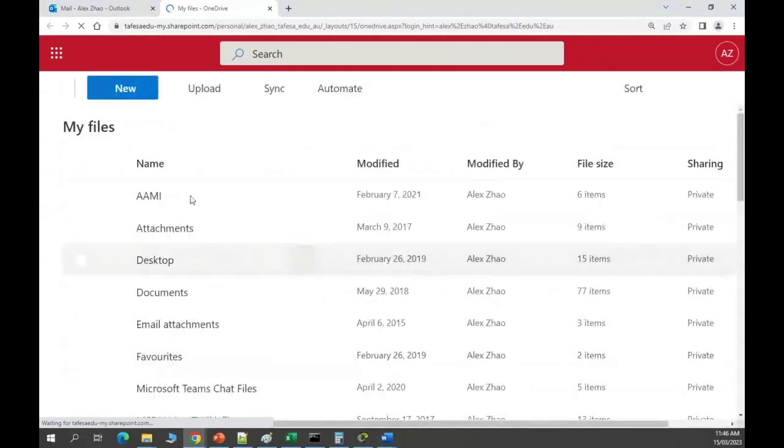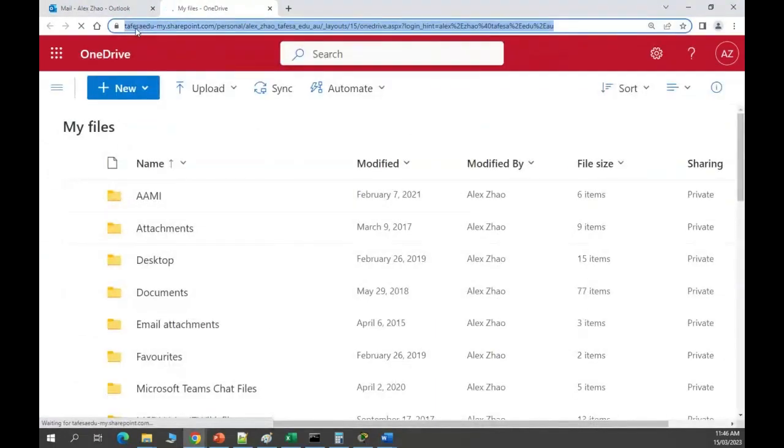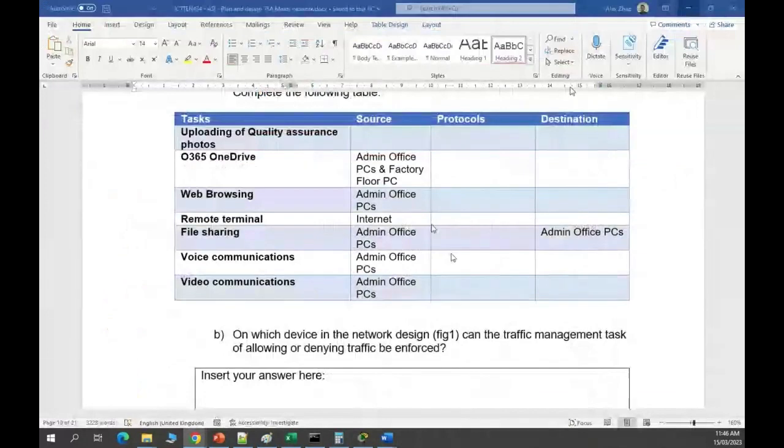So here's OneDrive. Here's my files. What protocol am I using? All right. So if you remember, we spoke about this in the previous one, didn't we? So again, from admin PC, factory floor PC, protocols HTTPS, where the internet.